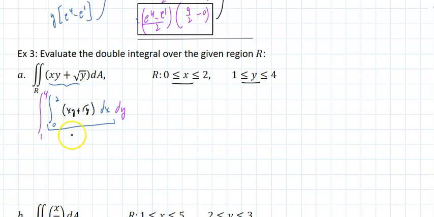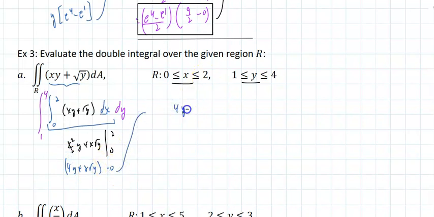And if I'm integrating with respect to x, that's simply x squared over 2 times y plus x radical y evaluated from 0 to 2. That is 4y plus 2 radical y minus 0. So that's pretty much it.